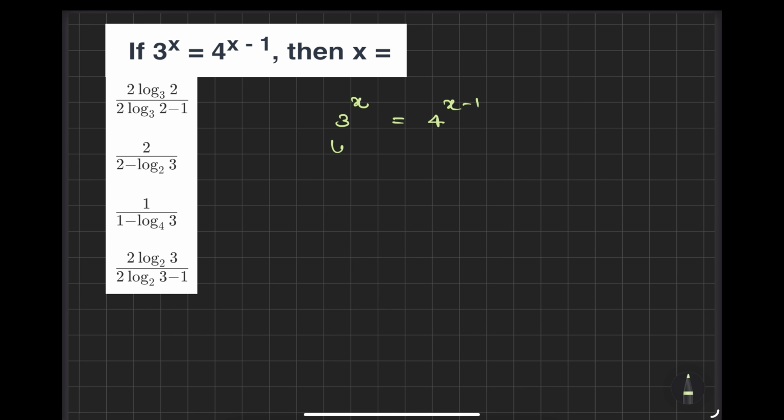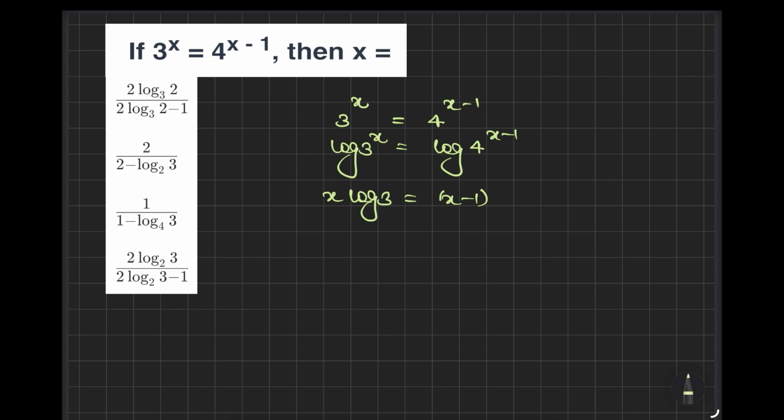So it goes this way: log 3^x = log 4^(x-1). Now you know that if anything is in the power, the exponent comes down as a coefficient. So it goes this way: x log 3 = (x-1) log 4.